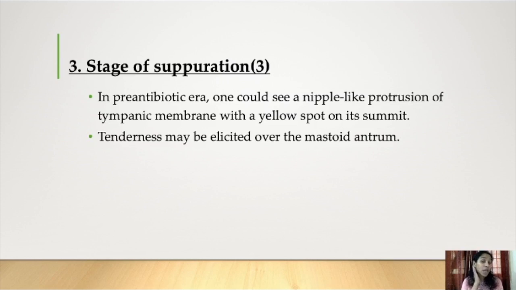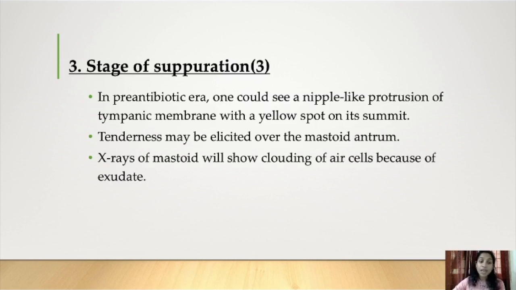So in the mastoid antrum, tenderness will be there. X-rays of the mastoid will show clouding of air cells because of exudate. So because of this exudate, if you take an X-ray of the mastoid part, clouding of the air cells can be seen. So tenderness will be there in the mastoid region.